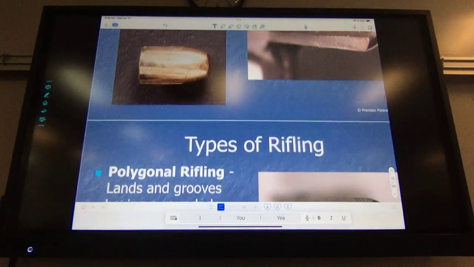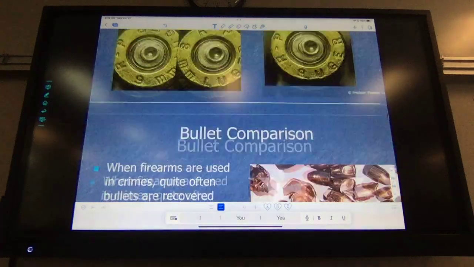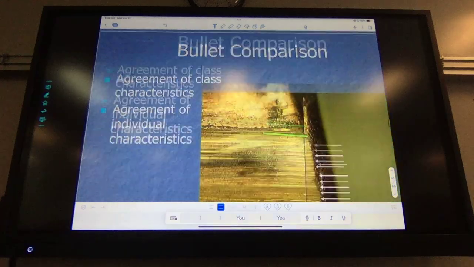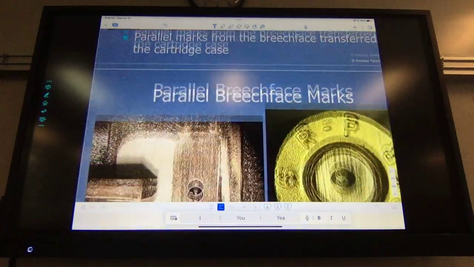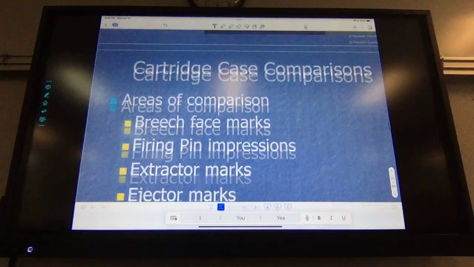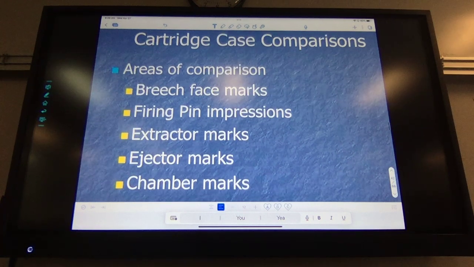I want to show you some of the markings that you're going to be looking for. So give me just a second. I've got to find the cartridge instead of the bullets. All right, here we go. It's on page 42 of that document, and you are going to be looking at these 5 different marks.